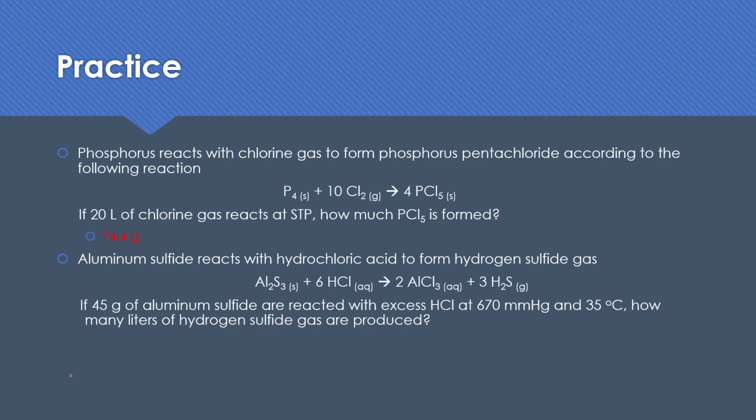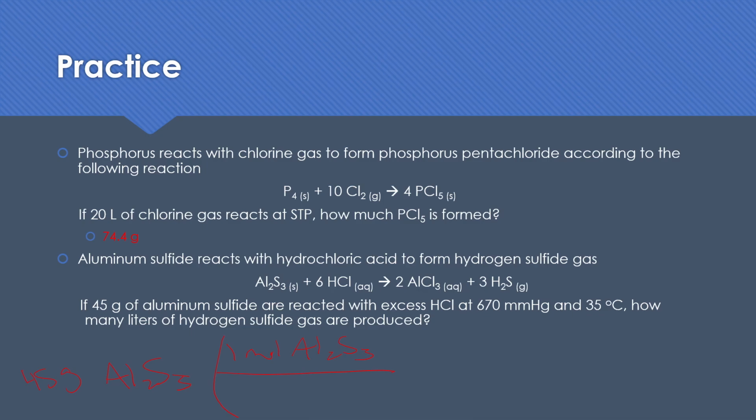All right. Well, first thing we want to do is start with our 45 grams of Al2S3 and do 1 mole of Al2S3 per the molar mass. Molar mass of aluminum is 23 plus 3 sulfurs. So you get a molar mass of 142.